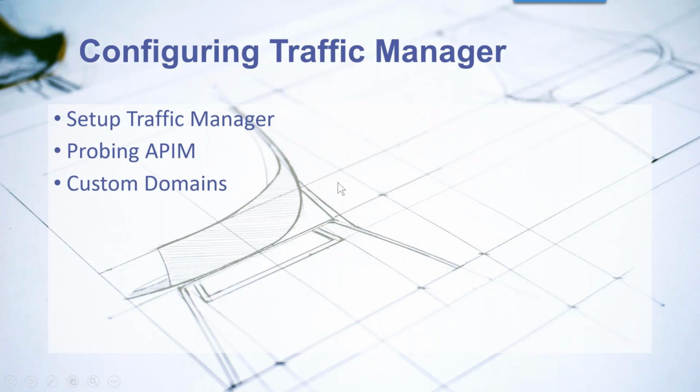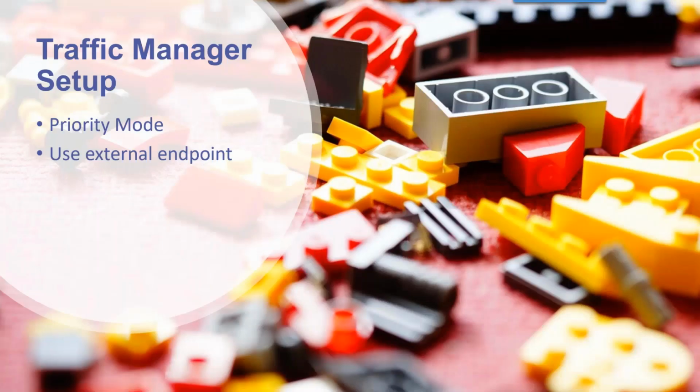Okay, so to set up the traffic manager, basically I'm going to be creating that on priority mode, right? The traffic manager gives you a whole lot of different ways to set up an endpoint. You can do priority, you can do weighted, you can do geolocation, performance. But for this one, because you wanted kind of a failover, we say it always goes to the main, but when the main is not working, it goes to the next one in line, right?